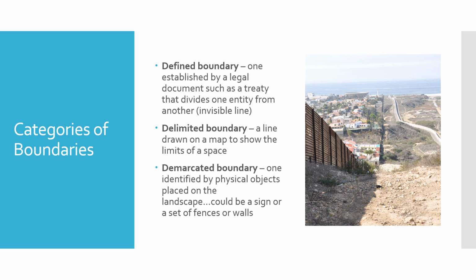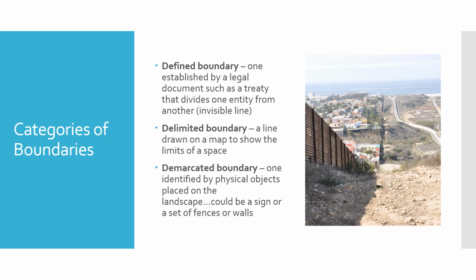A treaty or something basically divides one entity from another. We then have a delimited boundary, which is a line drawn on a map to show the limits of a space. So we basically have to construct it and show it. And those two processes are done very much at the same time. When we basically draw the boundary and we sign on the dotted line, defining it, delimiting it, that's basically looking at the same thing.